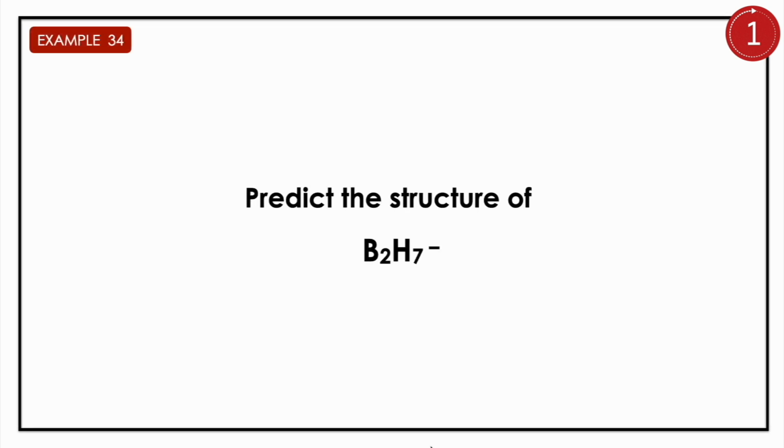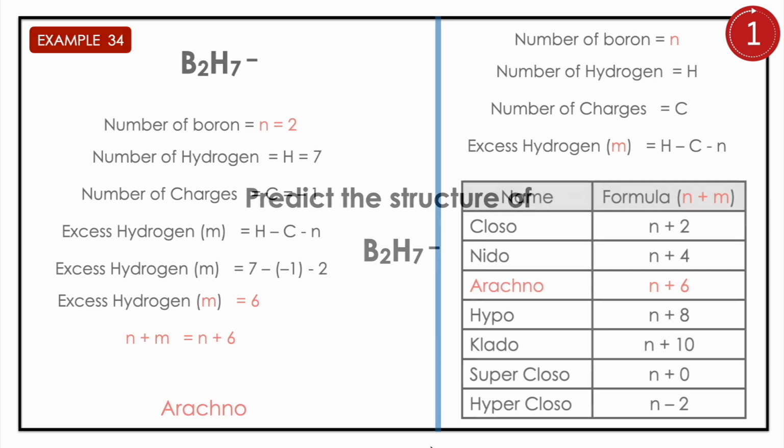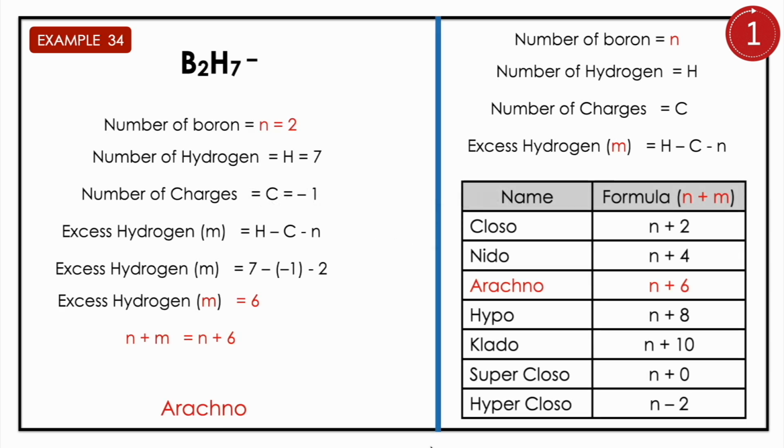Then the next example, B2H7 minus. You should find the structure of the molecule using Wade's rule. Here you have B2H7 minus. It is a simple borate, so we can apply Wade's rule directly. In Wade's rule, you should find the excess of hydrogen. For that, the first step will be counting the boron. Here the number of borons is 2, so N equals 2.